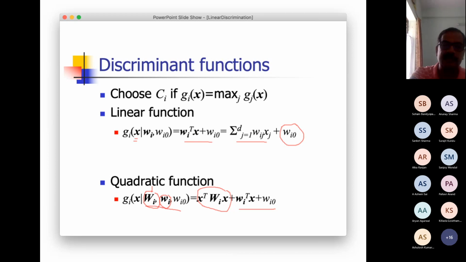That means Wi is a matrix of dimension D cross D, though if I consider the number of independent terms, it is basically d choose 2, that is d into d plus 1 by 2. That many independent terms would be there, and then this wi, so many parameters.